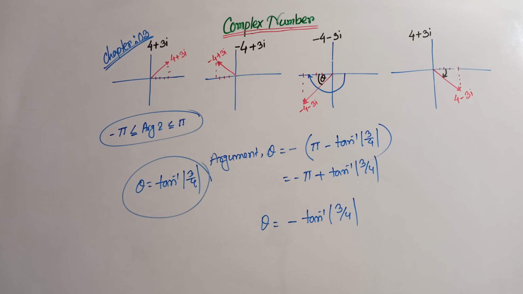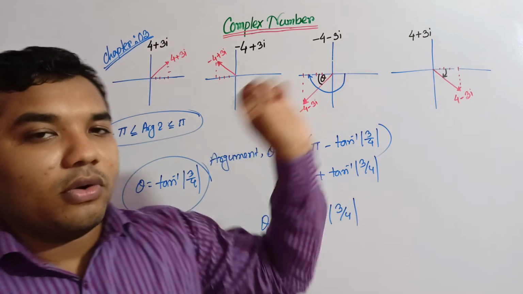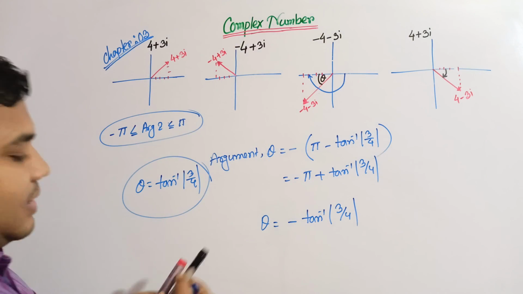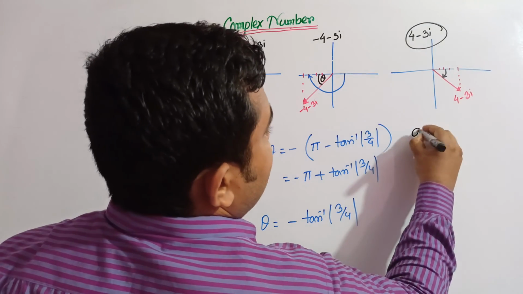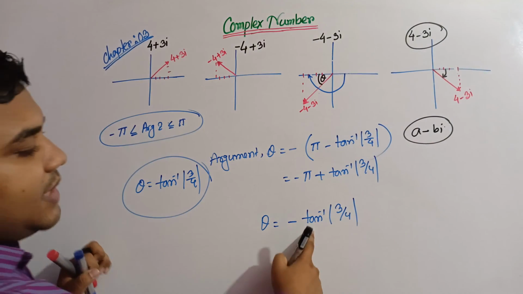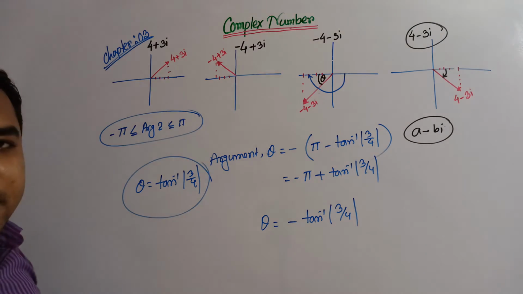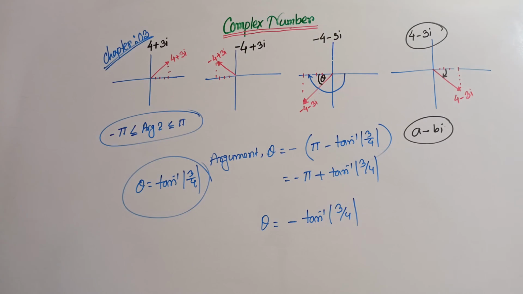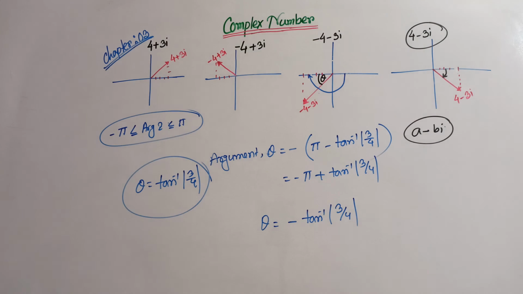So in a nutshell, the argument for something like 4 minus 3i, that is a minus bi type, will be minus tan inverse 3/4. Why minus? Because it is in the clockwise system.